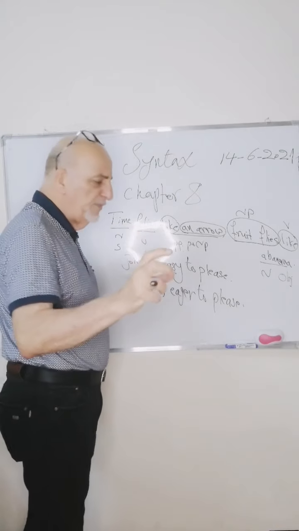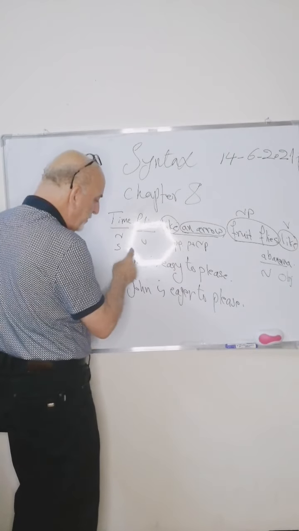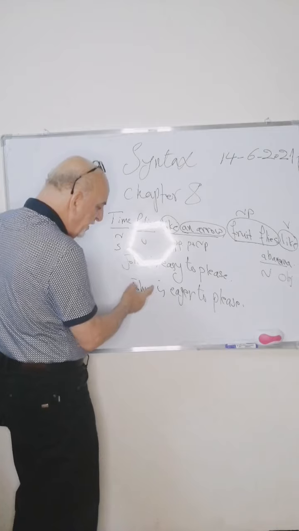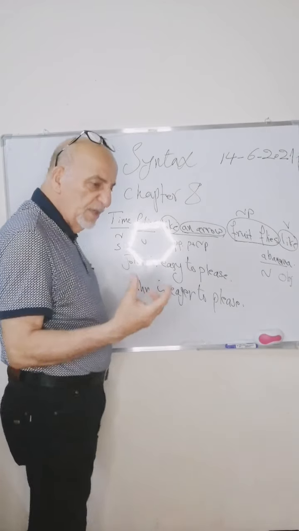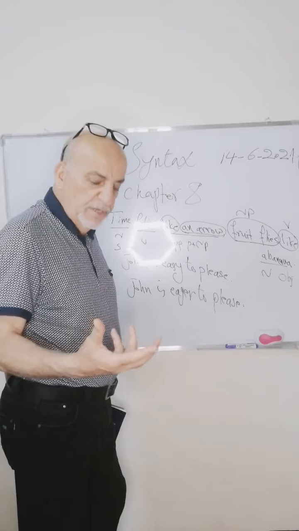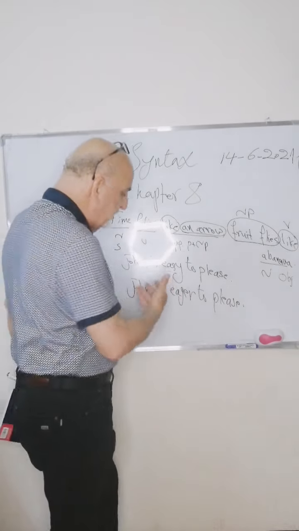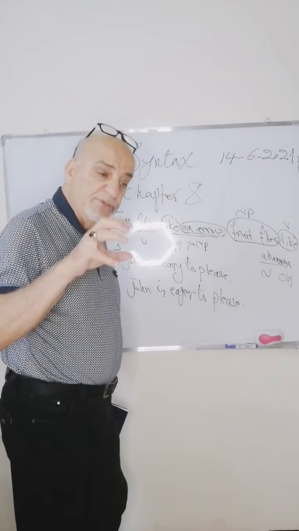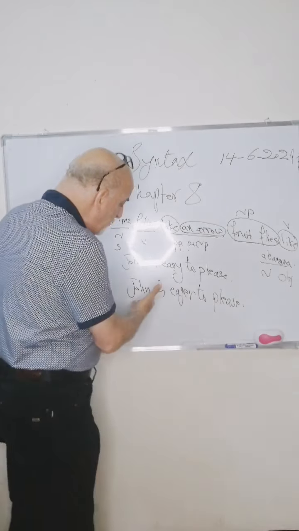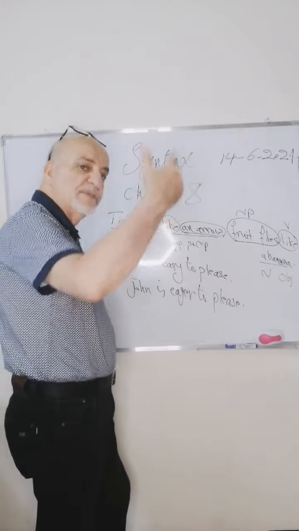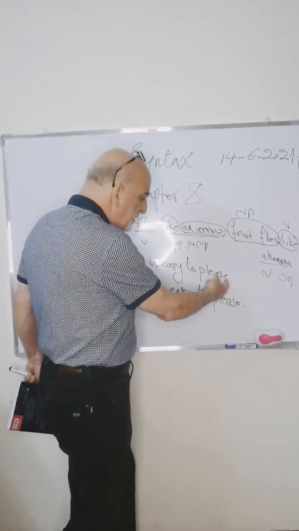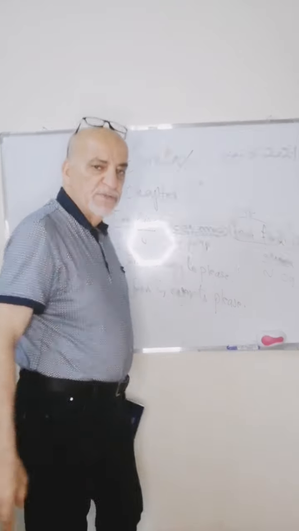The most important thing is that John here is not like John here. John here is the subject of the verb is, and he is also the doer of the action. Now John here is eager to please someone, but here someone is going to please what?